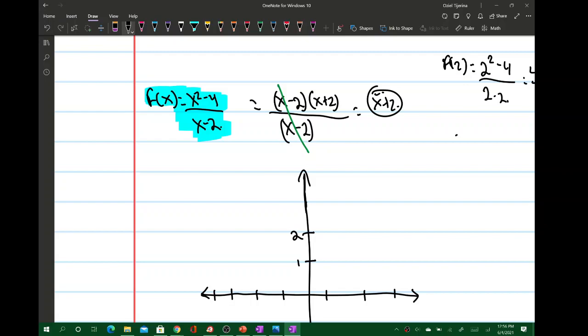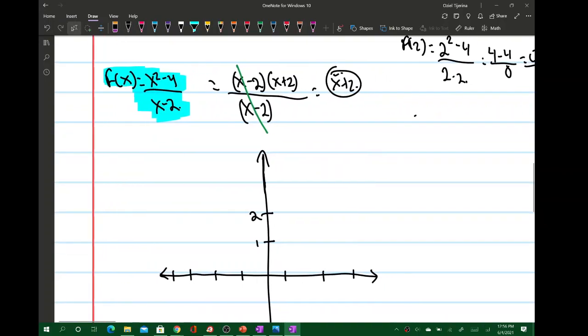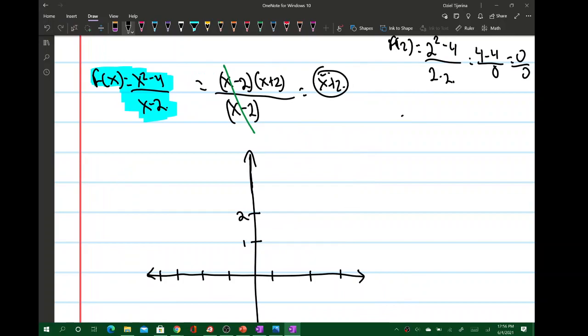Now if we look at x plus 2, it does go to x plus 2, though. I mean, yes, it does, but like the limit does. The limit exists.